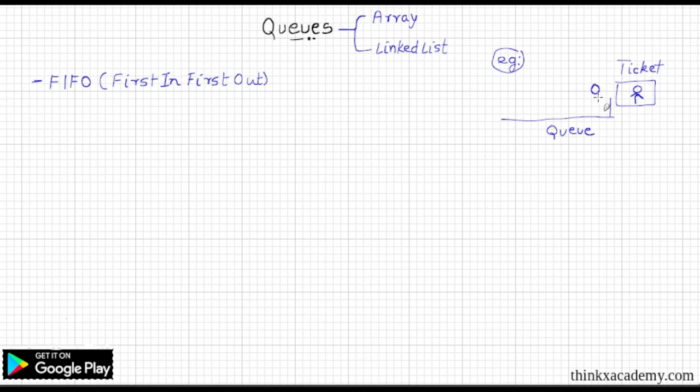So let's suppose there are people who want to buy these tickets and they have formed a line. So in this formation, the first element inside the queue is going to get the ticket first.